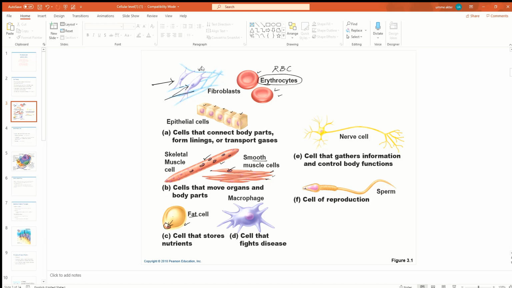So fat cells store energy, the source of energy. This is a macrophage. It's a phagocytic cell, which does phagocytosis. The term phagocytosis means engulf.